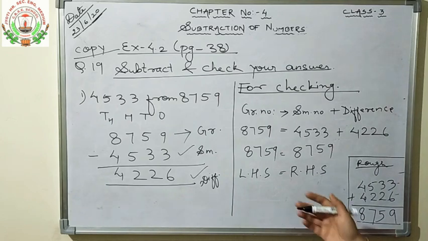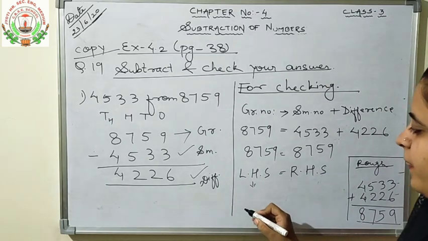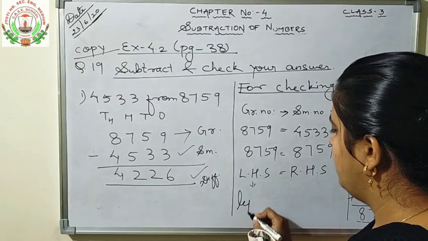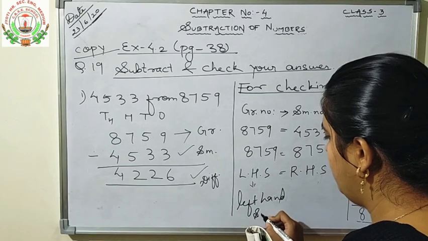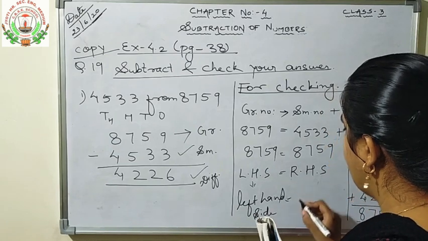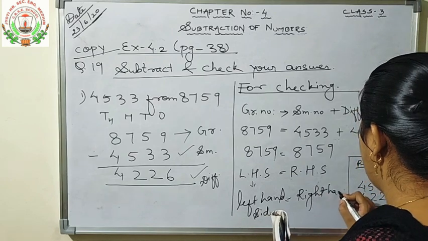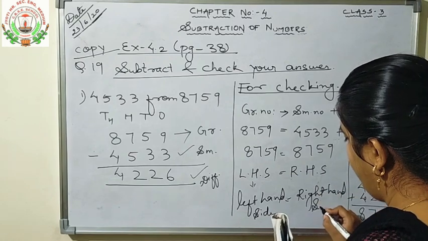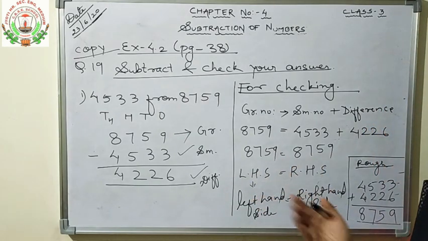You will ask what is LHS and what is RHS. LHS is left hand side, RHS is right hand side. When both the sides are equal, so our question is correct.